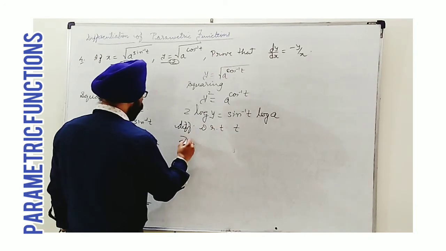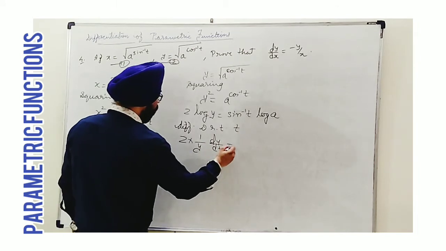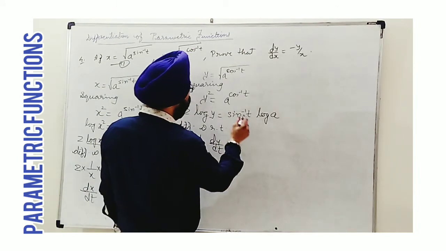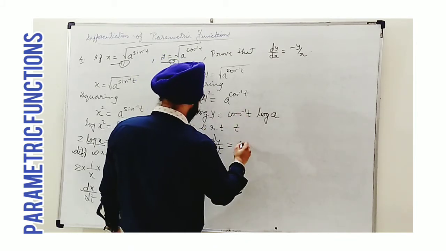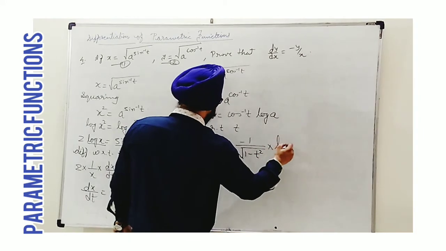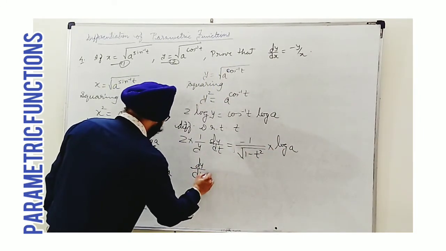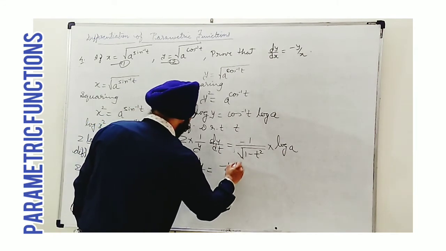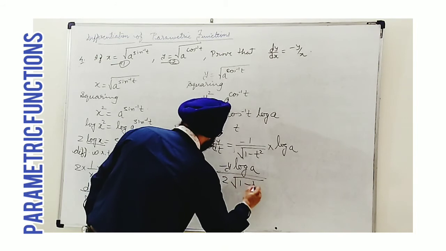We get 2 into 1 upon y dy by dt equal to, for cos inverse, minus 1 upon under root 1 minus t square into log of a. So dy by dt can be obtained as minus y log of a upon 2 root 1 minus t square.